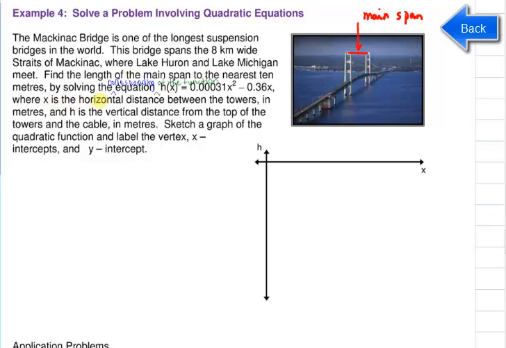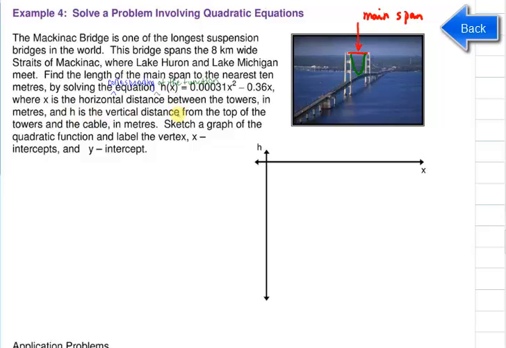Okay, when we're talking about horizontal distance between the towers, we're talking about the horizontal distance between the towers at any point between them. Okay? But that's with respect to the cable. So I'll just draw the cable in here. It looks something like this. Okay? So when we talk about horizontal distance, we're talking about the distance between the cable and between the towers at any point.